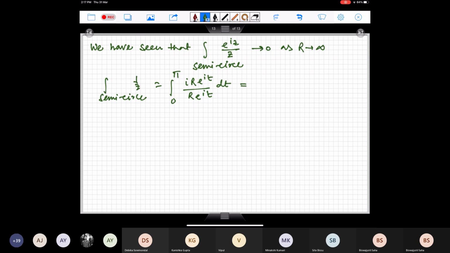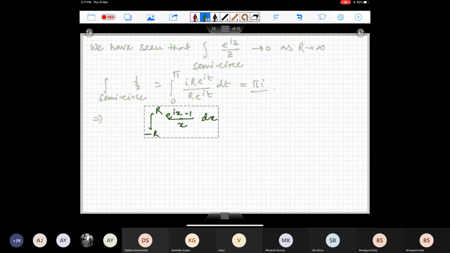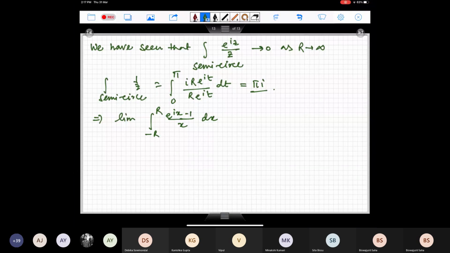So this is just pi times i. Okay, so now I know the integral on the semicircle. So that tells me the integral from minus r to r of (e power ix minus 1) upon x dx, I should write with the limit as r tends to infinity.